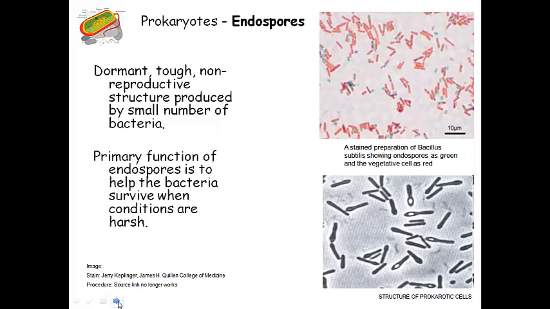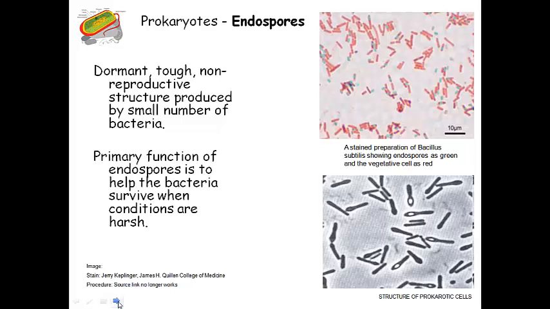Okay, another structure found in prokaryotes, or something that prokaryotic cells can actually do, is create something called endospores. These are like little capsules, basically, formed when the bacteria goes dormant, stops growing, stops reproducing, stops most of its function, but then can reawaken after a time.